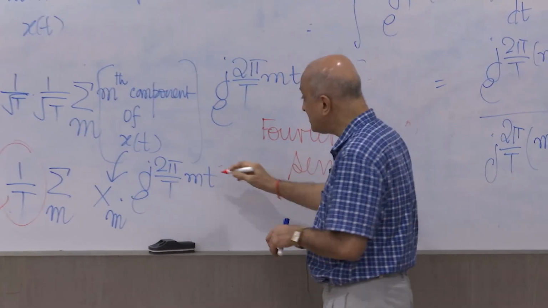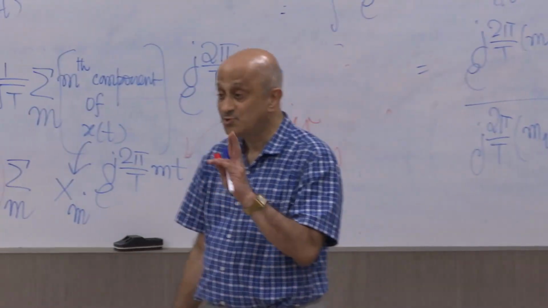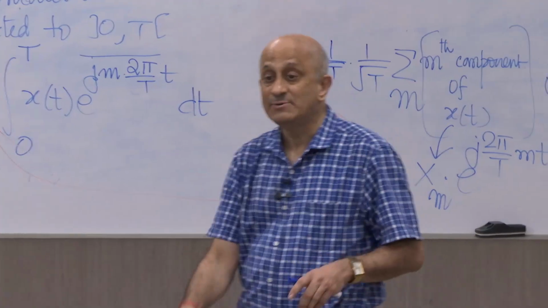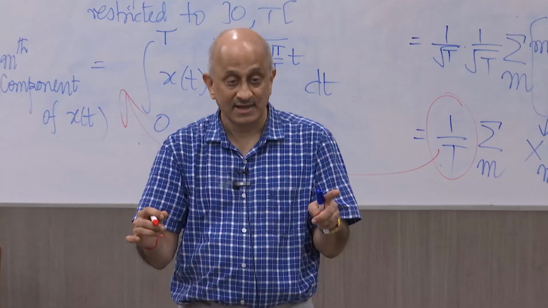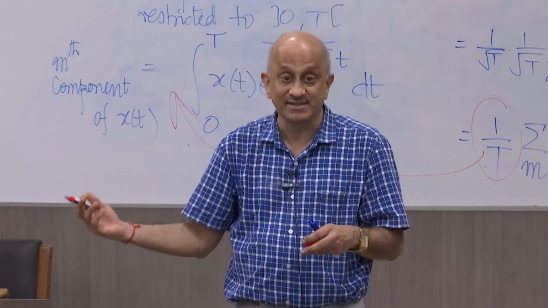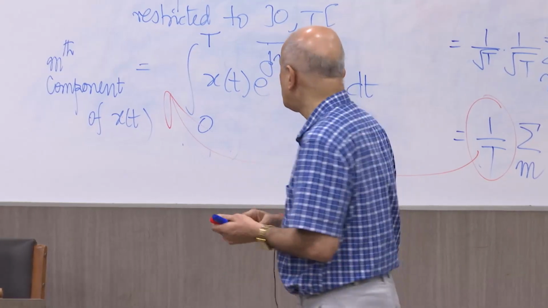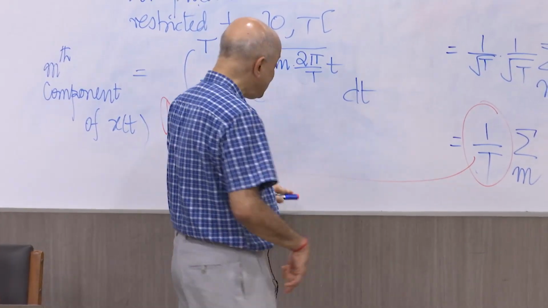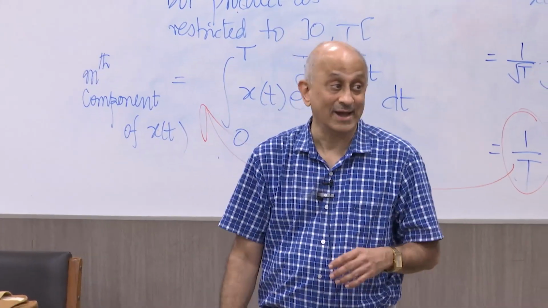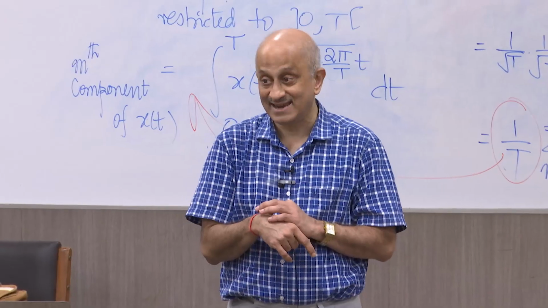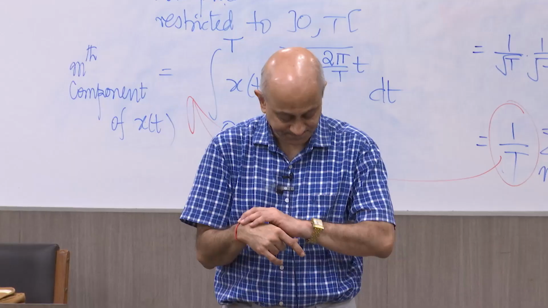This is the Fourier series expansion of x(t), which is valid in two situations: either you are dealing with a signal only on a limited interval of time, from 0 to T, or you are dealing with a periodic signal. In both cases, you could talk about a Fourier series. Otherwise, you need to talk about a Fourier transform, because all the frequencies are required to reconstruct the signal from its components. Is that right?